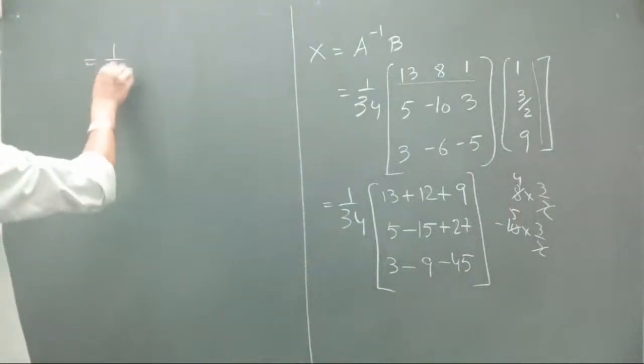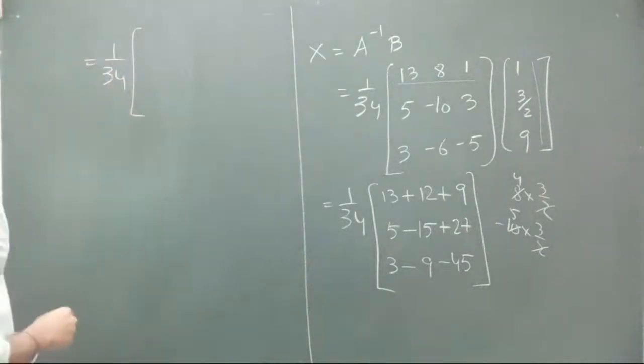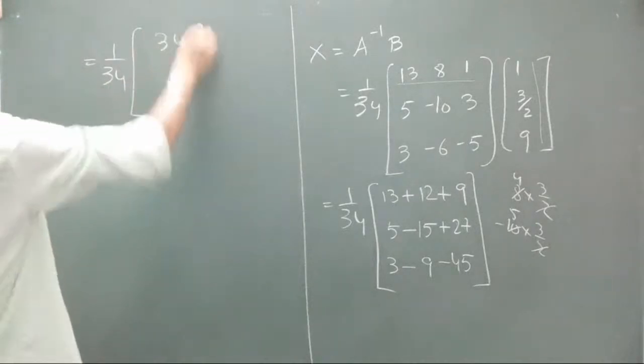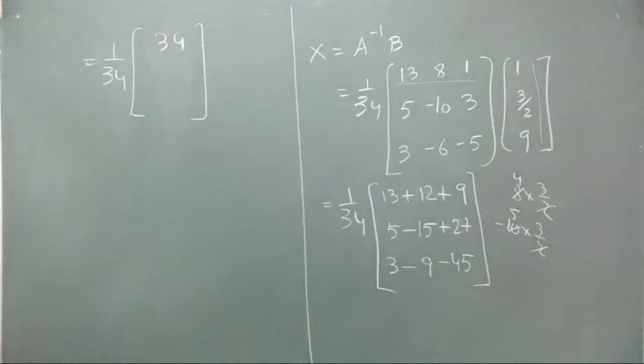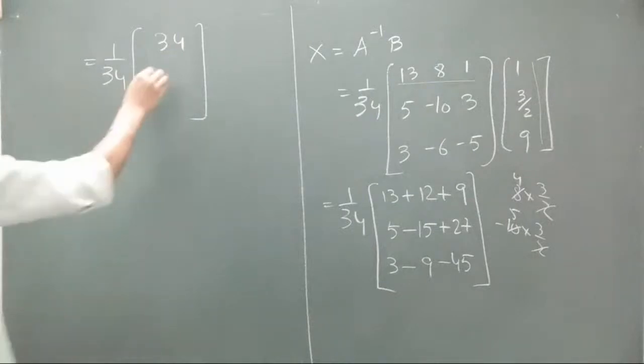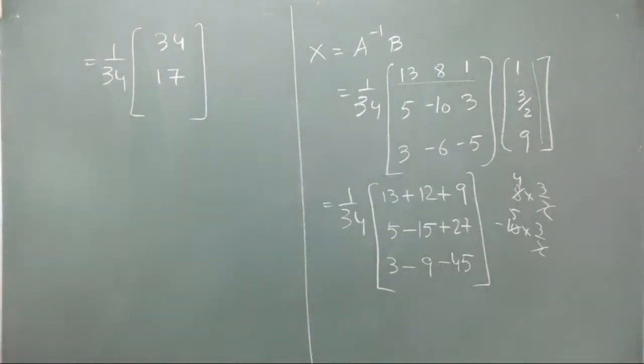So 1 by 34. So let's add them up and see. So how much will we get? 13 plus 12 plus 9. Okay, we get 34. This one, 27 plus 5, 32 minus 15. That's 17. And the other one, 45 plus 9 minus 3.